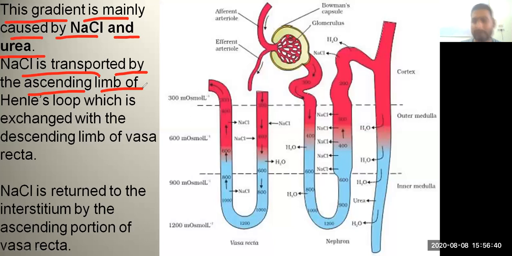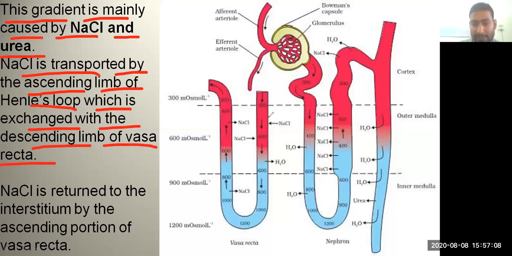NaCl is actively transported, and active transport means movement of the molecule against the concentration gradient, which requires energy. So NaCl molecules are actively transported by the ascending limb of the loop of Henle, and are exchanged with the descending limb of the Vasa recta.